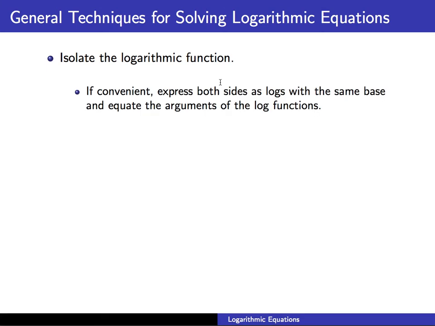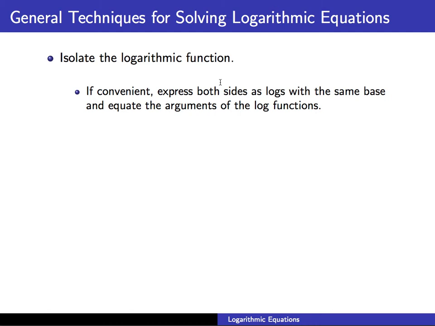If convenient, try to express both sides as logs with the same bases, and then equate the arguments using the equality property for logarithms. This is the logarithmic version of doing the same thing with exponential equations, trying to write the left and right sides as the same base, but maybe raised to different powers, where you can then equate the powers and solve.